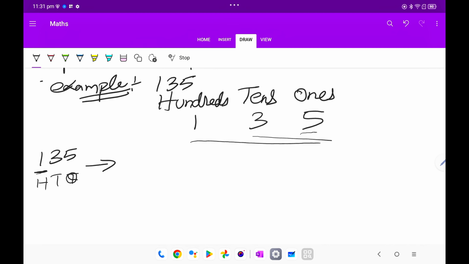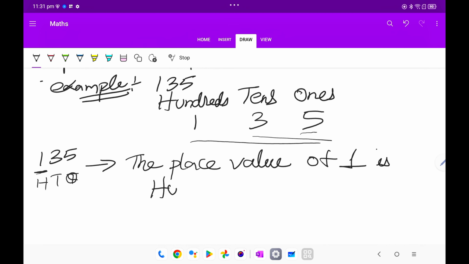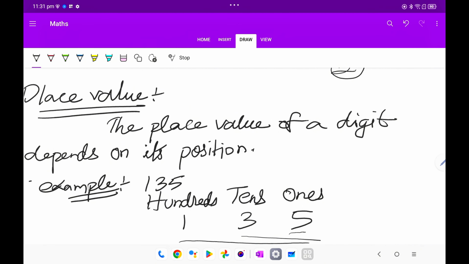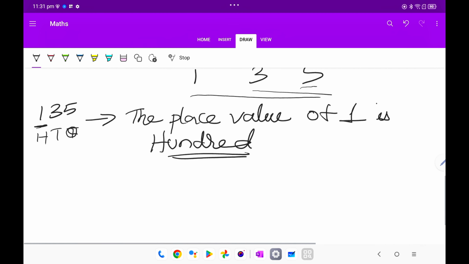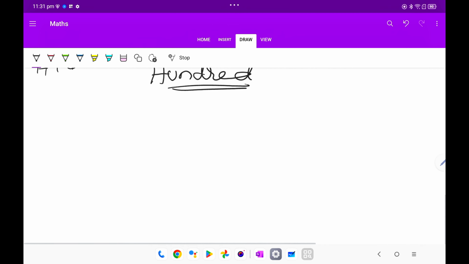So the answer is, the place value of 1 is 100. Why? If we recall the definition, the place value of a digit depends on its position. The position of 1 is hundreds. So the place value of 1 is 100. Okay, now let's see one more example.